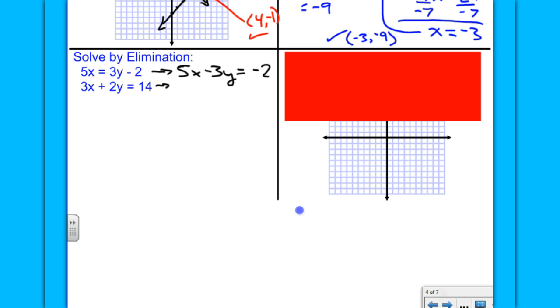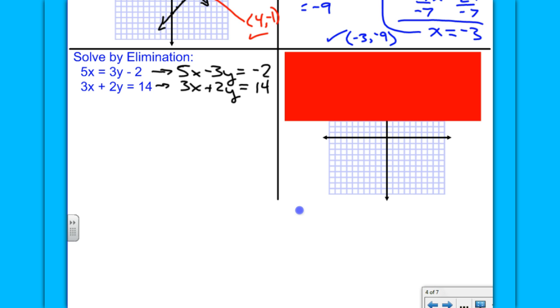And then when we move the second one over now, we have both equations in standard form. So every like term is lining up, including the equal sign. Okay? And so now, do we have opposite coefficients for our x's or our y's? We don't.